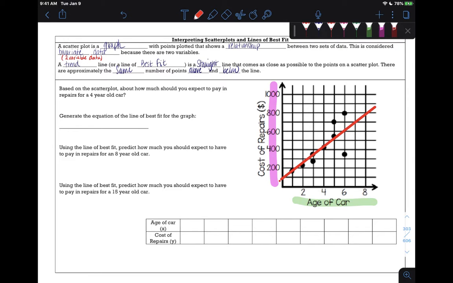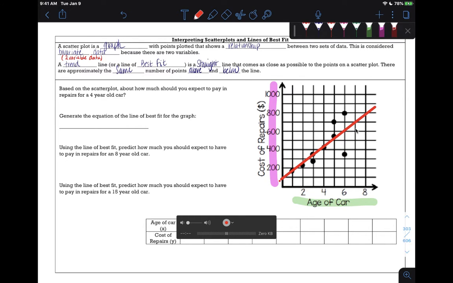I would guess something along the lines of, let's see, y equals... excuse me.